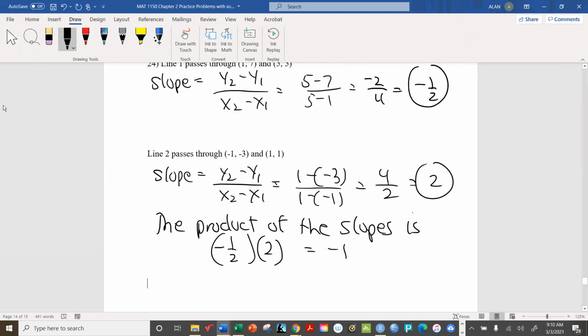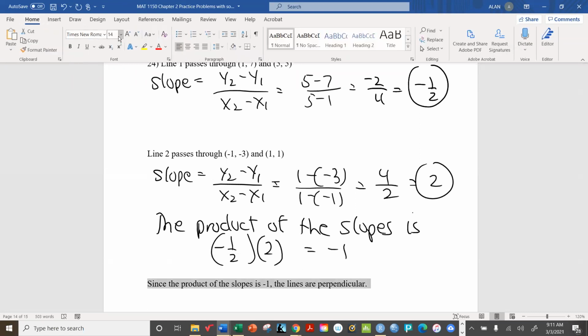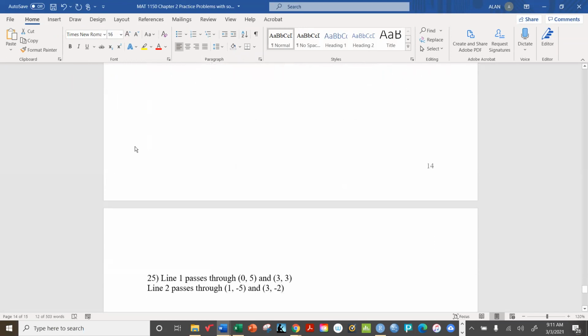Well, we don't really care which one it is, but we do recognize that since the product of the slopes is -1, the lines are perpendicular. Beautiful. I think there's one more.